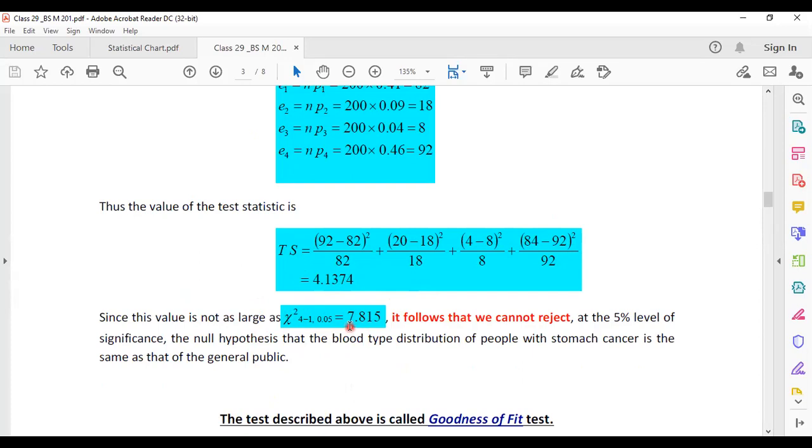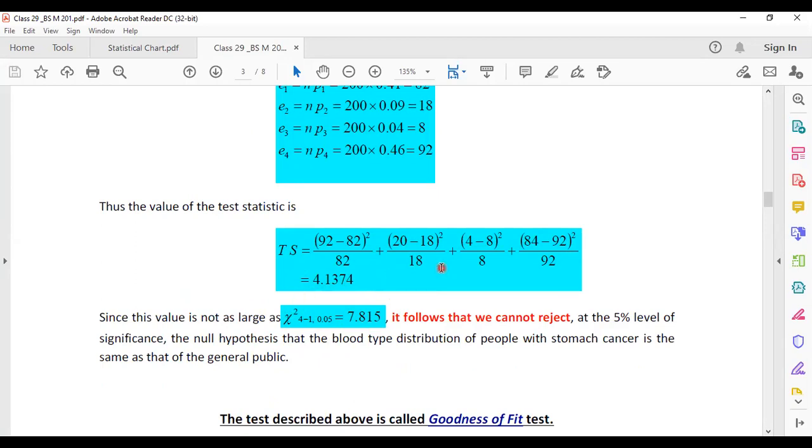We see that at 5% level of significance, the tabulated value of chi-square at 3 degrees of freedom is 7.815, which is greater than the calculated value. The calculated value is lesser than this, and we accept the null hypothesis at 5% level of significance.